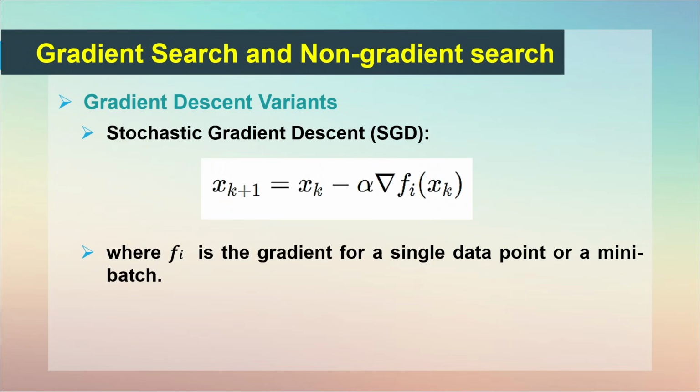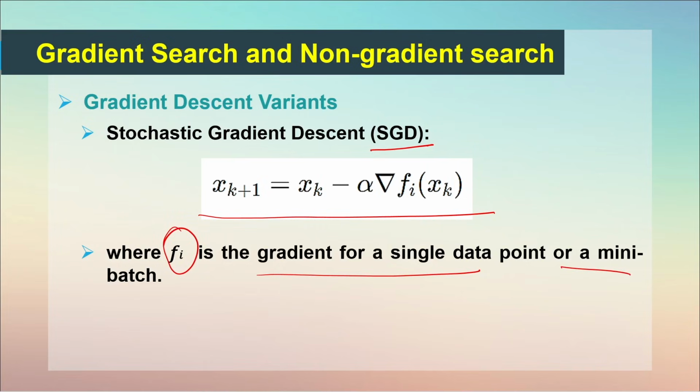Gradient descent variants. There are other methods that similarly utilize the idea of gradient descent. One of the best methods is stochastic gradient descent, SGD. Here you have del fi of xk, the gradient for a single data point or a mini batch. That you should remember, this is stochastic gradient descent.